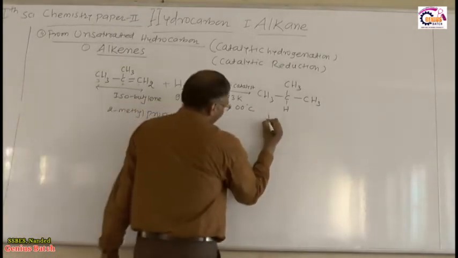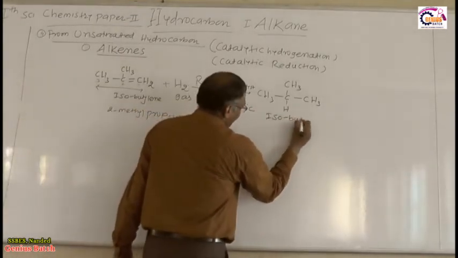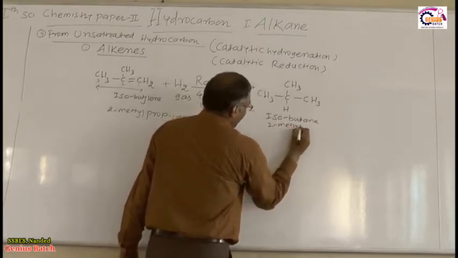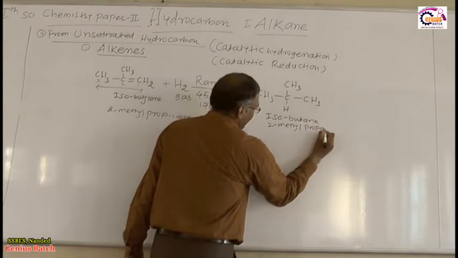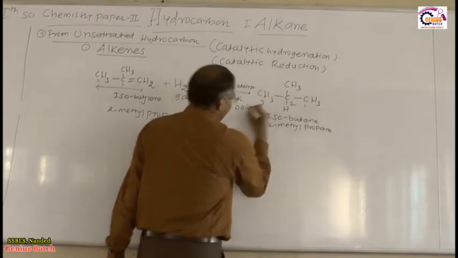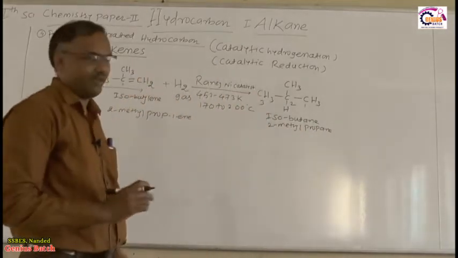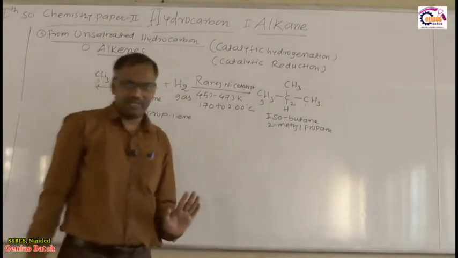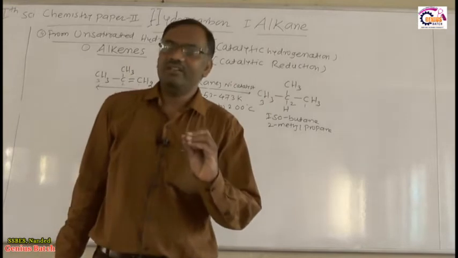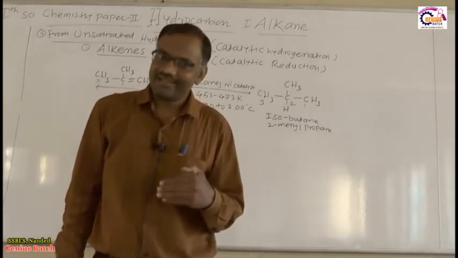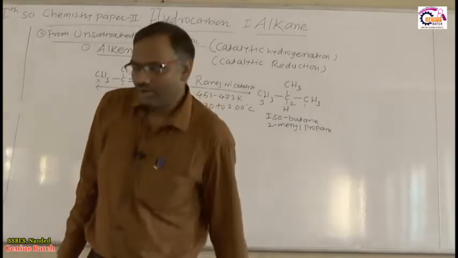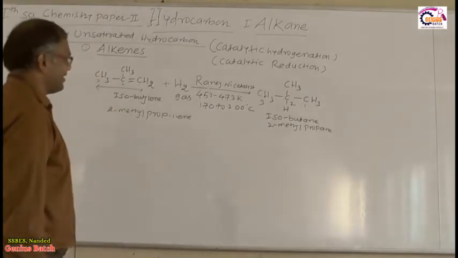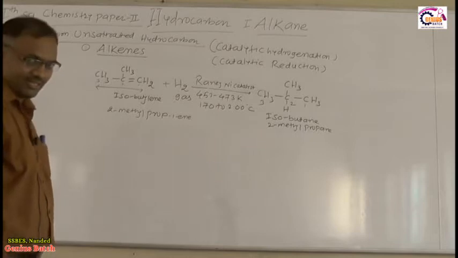What we have is isobutane, the 2-methylpropane. So isobutylene gives isobutane. This is the Sabatier-Senderens reaction for alkenes.